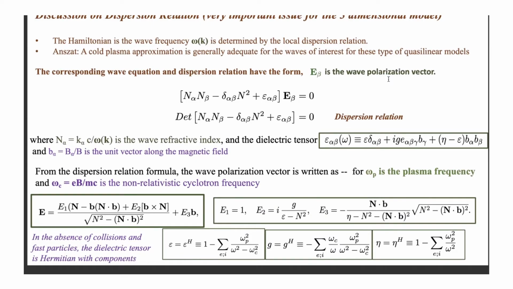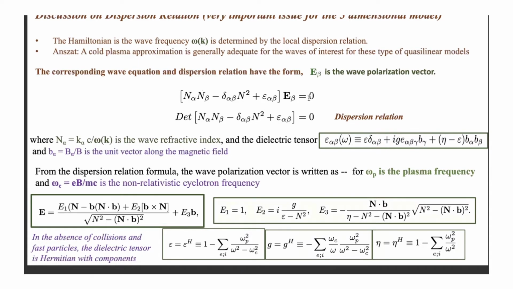So here what you do is you look at the corresponding wave polarization vector, you define it that way, and then you know that the wave polarization vector satisfies a relation with these vectors, these factors n.